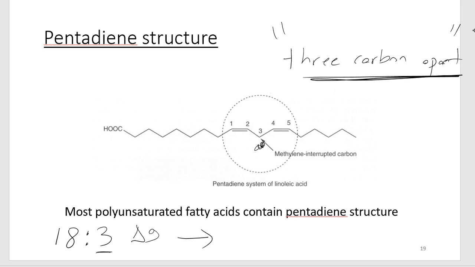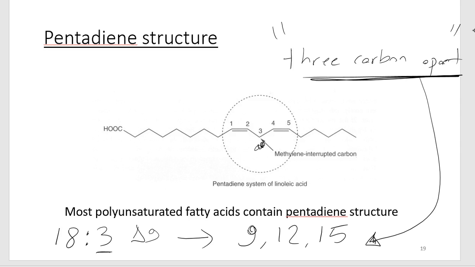Then the double bond positions will be: the first one is 9, the second one will be at carbon 12, and the third one will be at carbon 15. So 3 carbons apart. Okay. We can also name them like this.